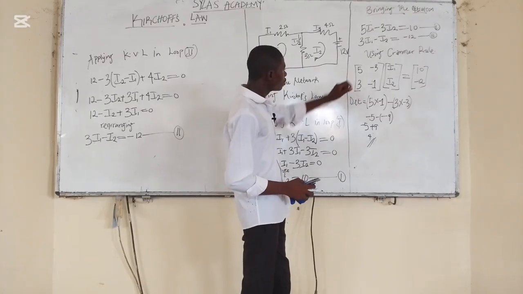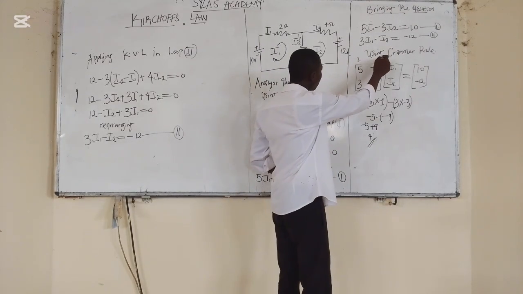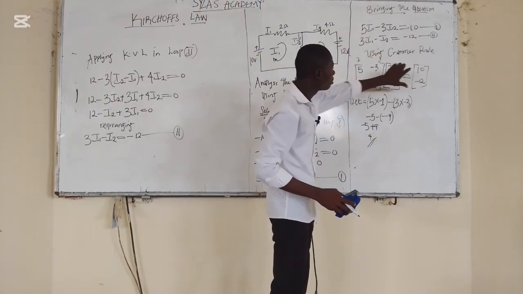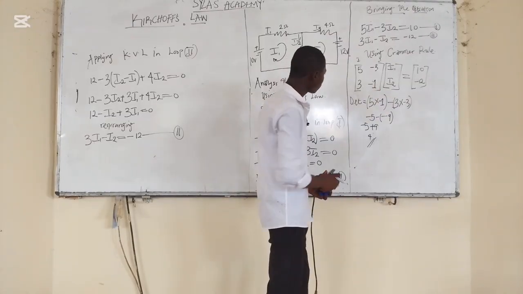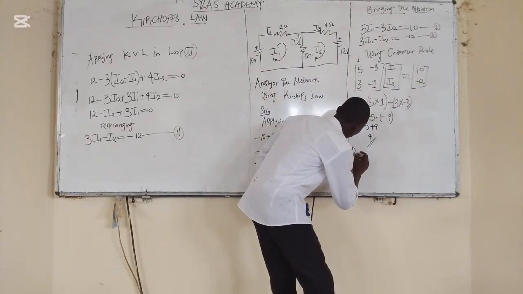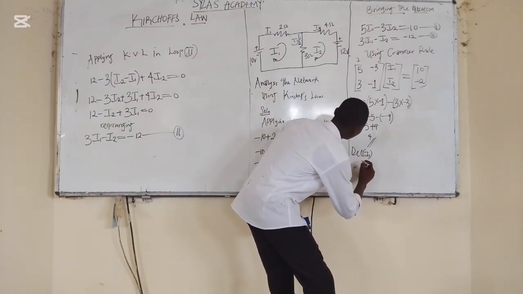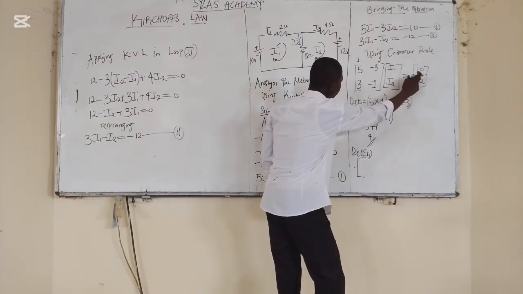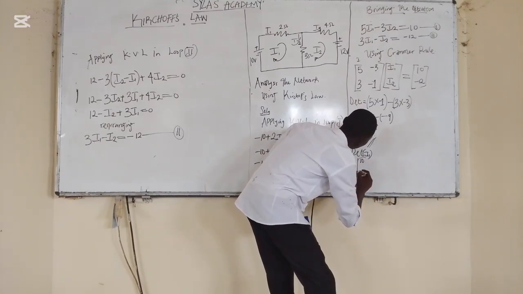Now, in finding your I1, you are going to remove this one, bring this one, put it, and remove this one, take it to the other side. How are we going to do that? Now, the determinant of I1 now becomes: I'm going to use this one now. That is 10 minus 12.